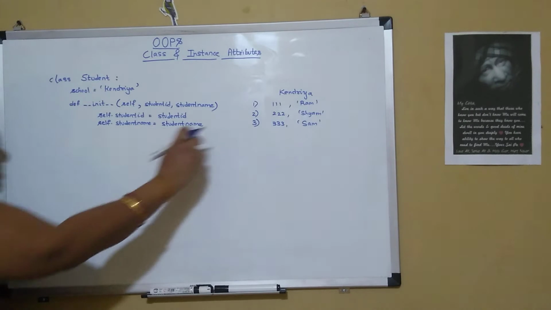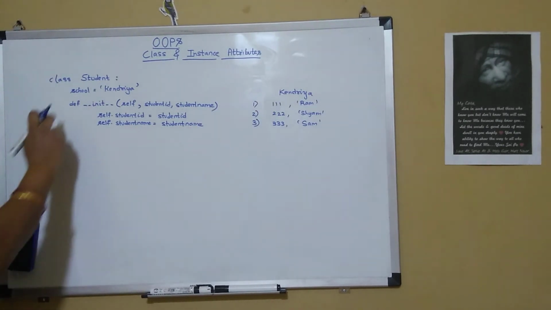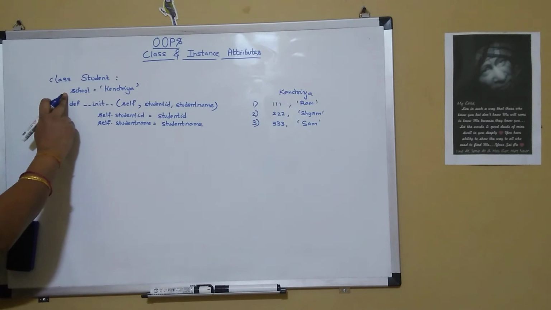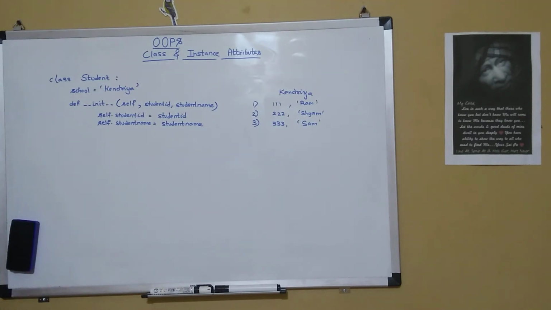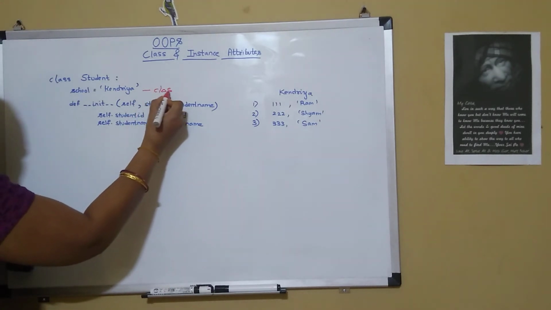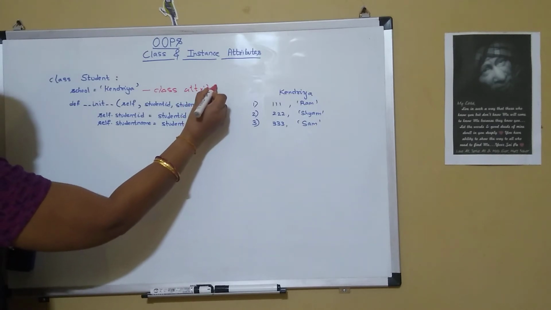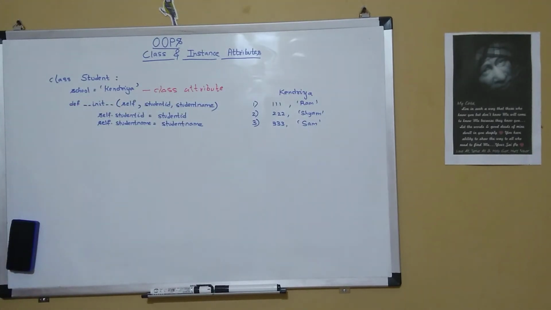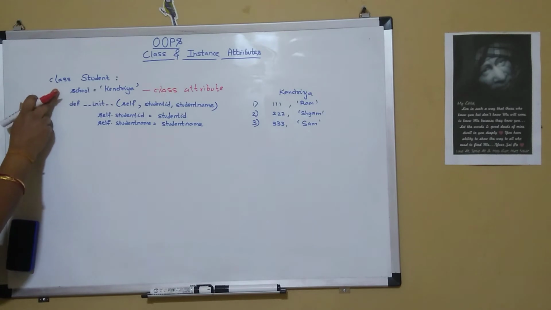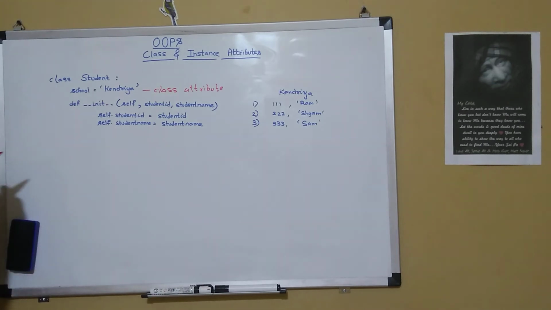So whenever any item is common for all the objects, then we can define it as a class attribute. So school over here is nothing but a class attribute. So we define it as a class attribute, that is the attribute will be within the class but outside the init method.